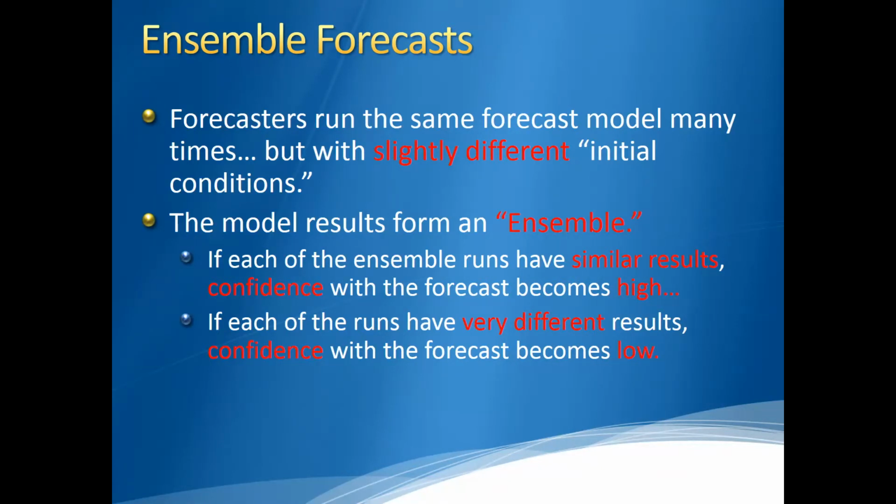So we might make temperature a little bit higher, or a little bit lower, or we might double the dew point, or we might make the wind a little bit faster, or a little bit weaker. We just make slight tweaks to it. And then we run the model and we look at how the results come out. And if all the results are in agreement, meaning they all have very similar results, we say that that is a high confidence forecast.